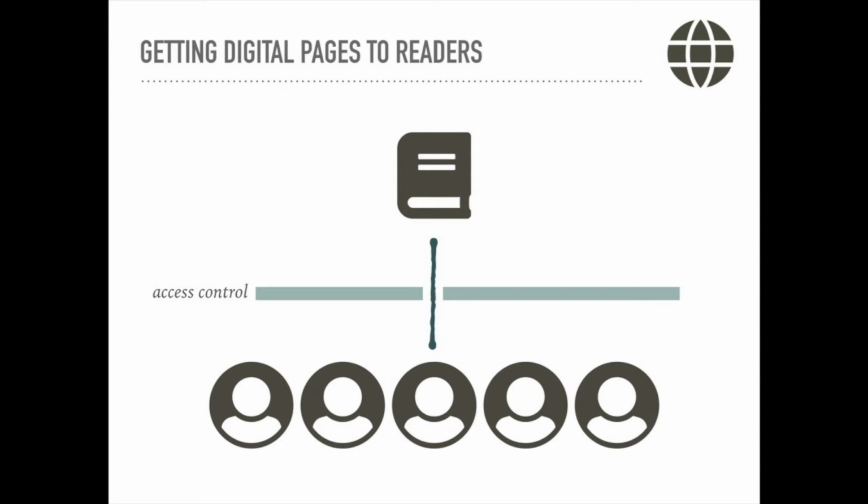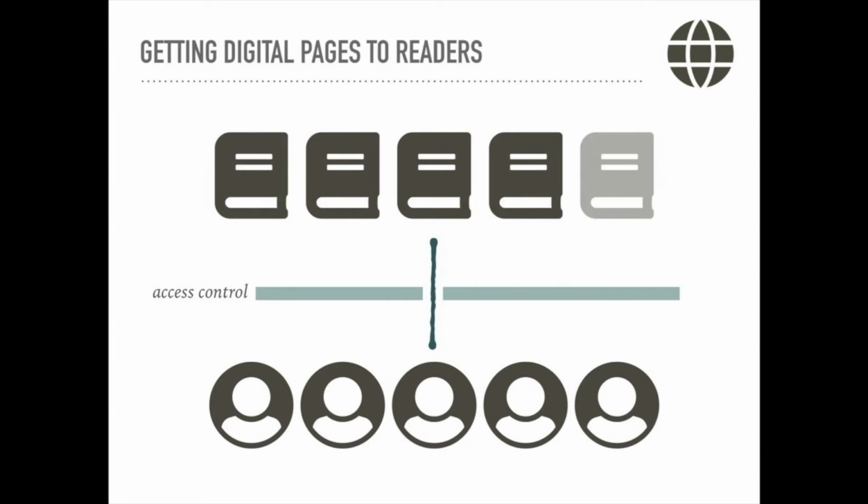Now, what if we have lots of different people, and perhaps lots of different books as well? Well, individuals can have access control switched on and off via the web to individual publications, or not. We can stop the access in a controlled way. So people could perhaps consume things for a while.